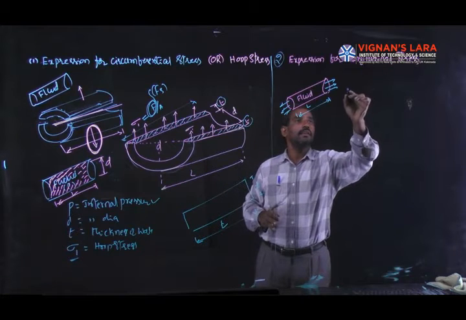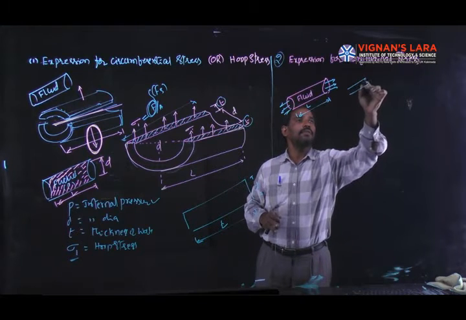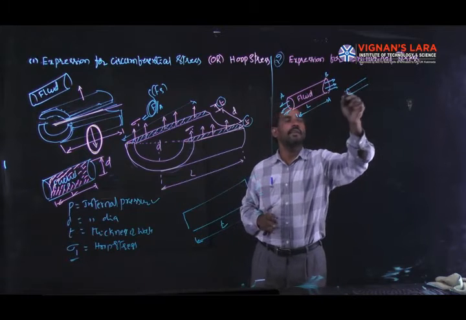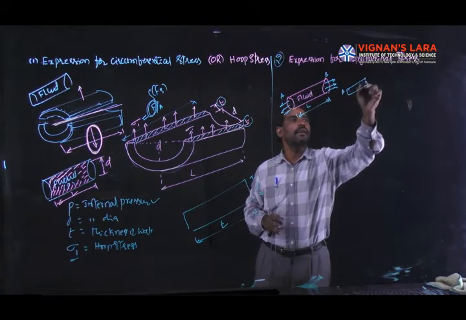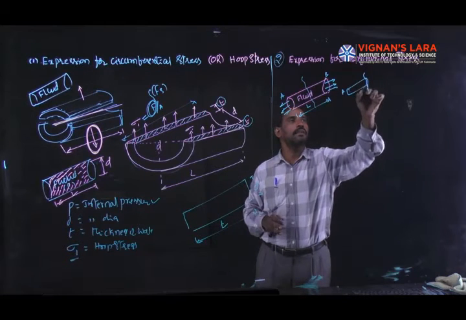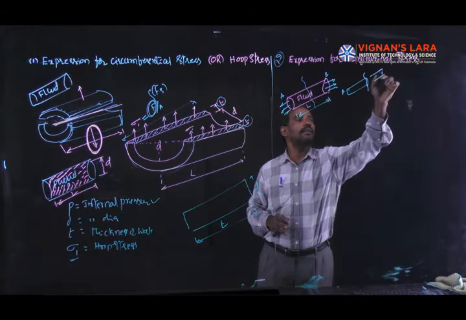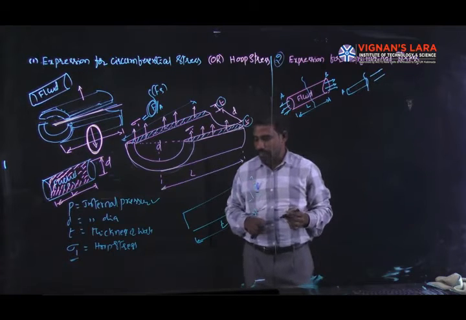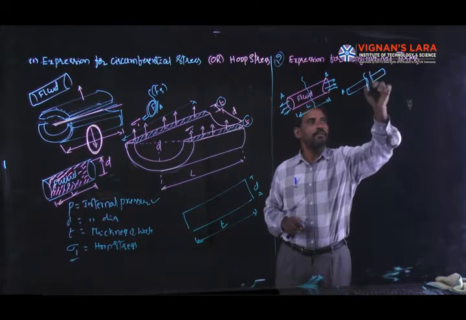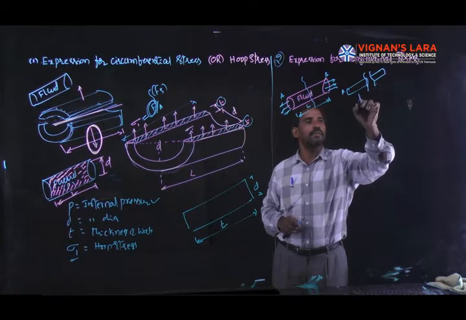This is the failure position. This is end A, this is end B. At a particular section the cylinder is bursting. So this is the bursting position.